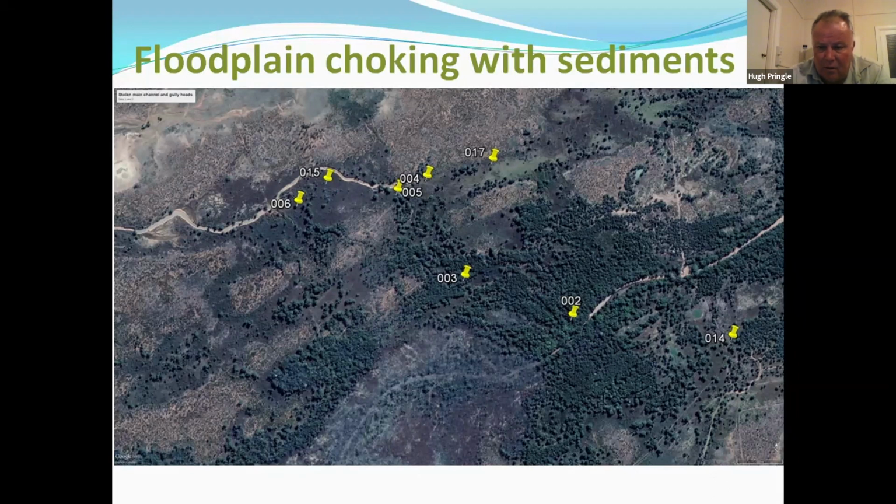And in the middle you can see waypoint 2 is the river that's now blocked up and sending water straight to that gully head.